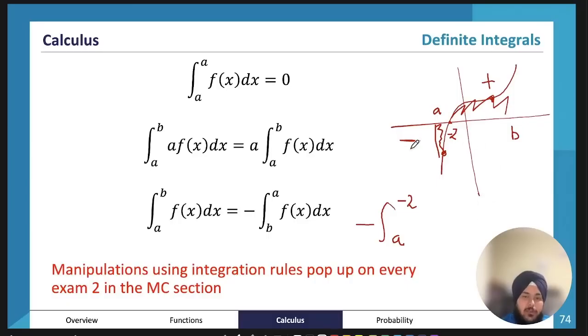This is going to give you the unsigned area. So negative integral from a to negative 2 of f of x, and then you can just add the rest of the area, which is going to be negative 2 to b of f of x dx, and so forth. So instead of finding the negative area, we're essentially just finding the positive area.